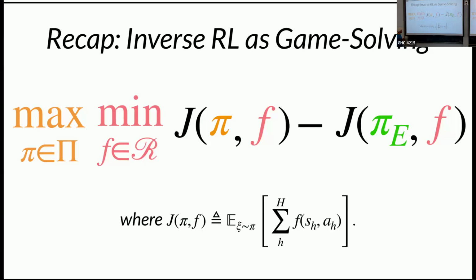Right. So if we remember right, a Nash equilibrium basically says that if the other player gets to choose in response to what I do, they move second, I basically can't lose too much. So for this particular game, let's say the expert policy was actually in this policy class big pi.